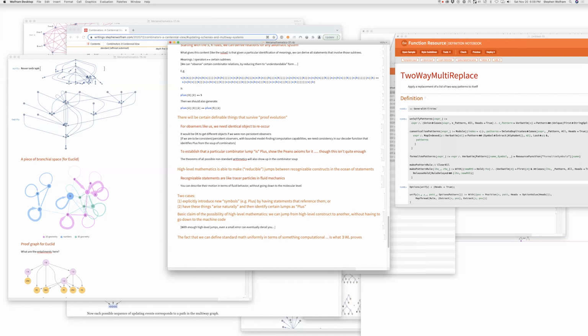Right. So the thing we call mathematics can ultimately be ground down to this purely computational substrate, this uniform computational substrate, which could be combinators, could be all kinds of things, could be the Ruliad.